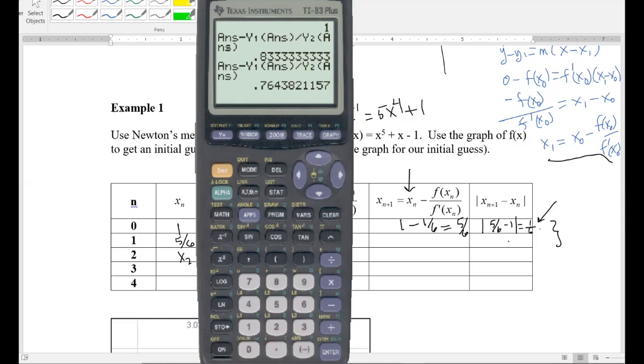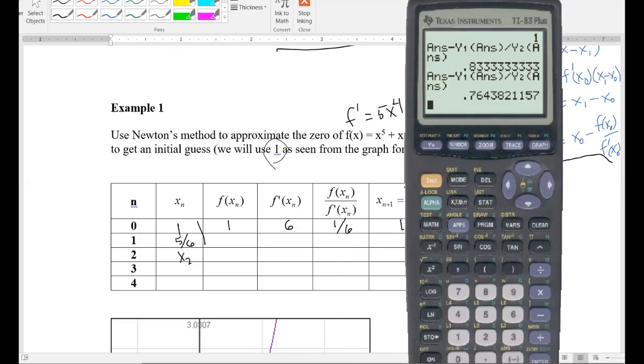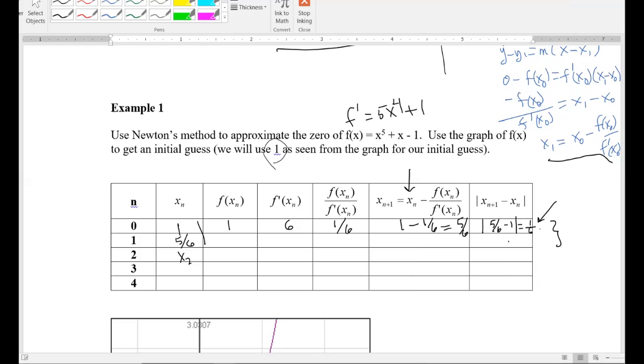So if we were working on a table, that 0.764381 would be the number over here, 0.76438. So that'd be over here.